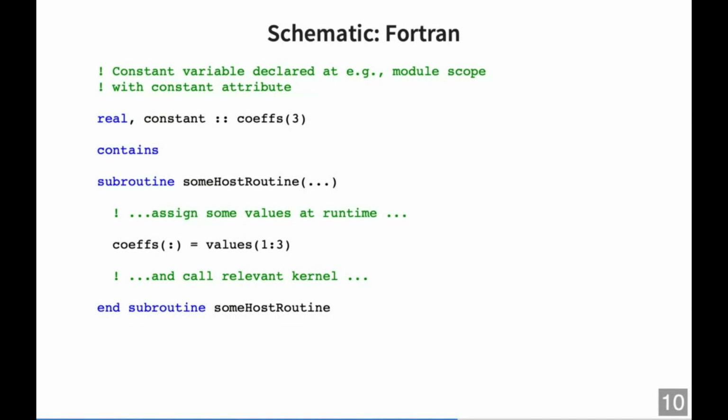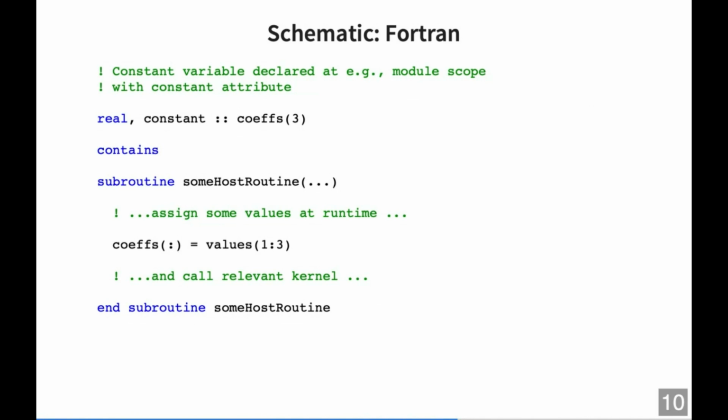Here's the Fortran. So the analogy is there's a special attribute for the declaration, constant. Here at the top there, again, this would typically be at module scope in Fortran.